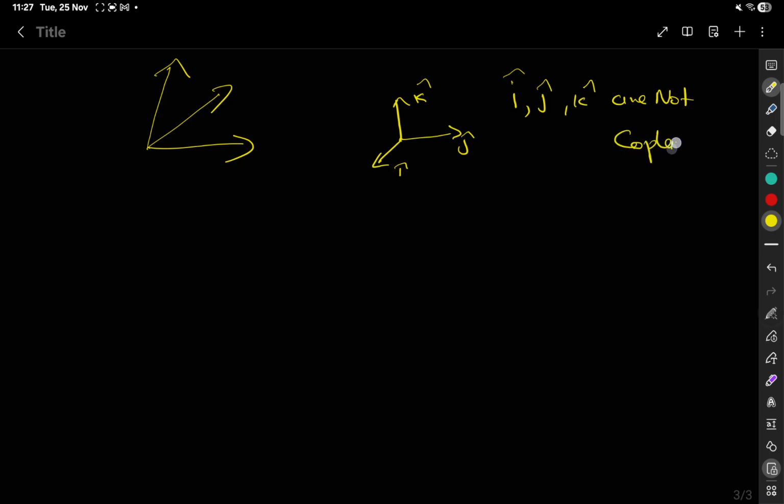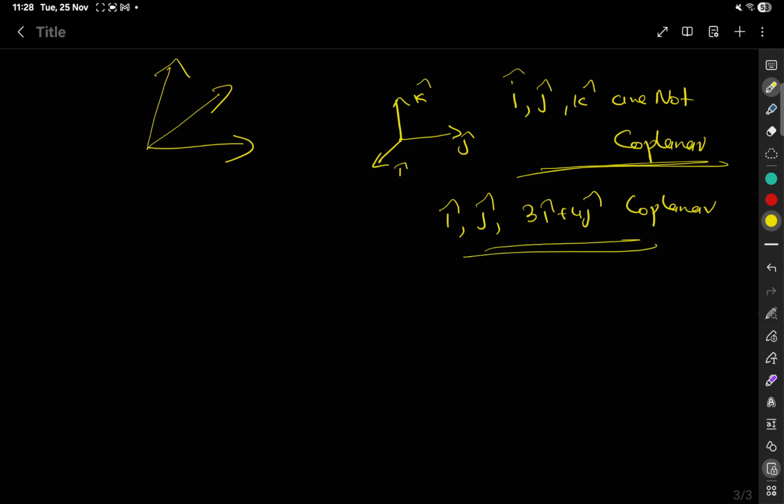Three mutually perpendicular vectors will not be coplanar whatever you do. Understood? Now i cap, j cap, 3i cap plus 4j cap, are they coplanar? Yes, all of them lie on the XY plane. Clear? So that's the logic, that is coplanar vectors.